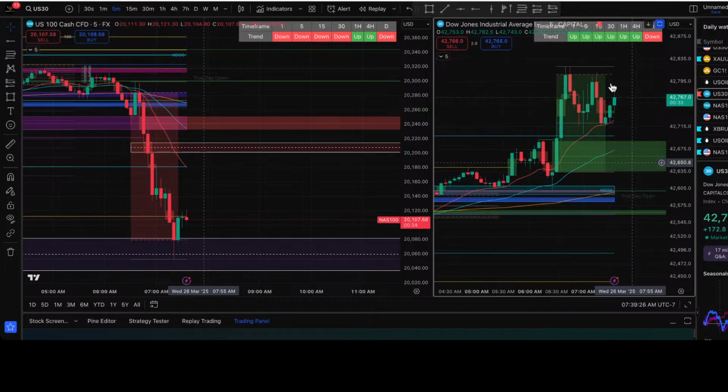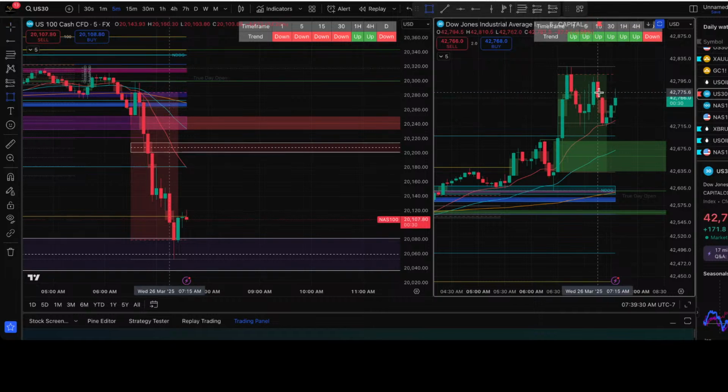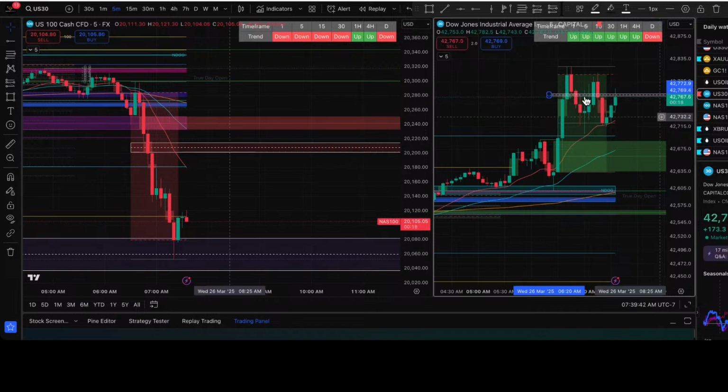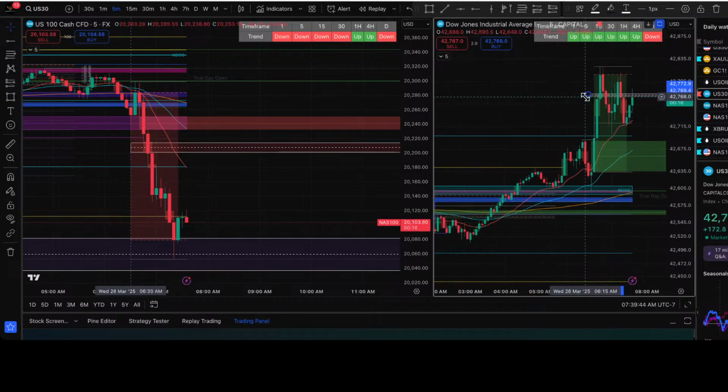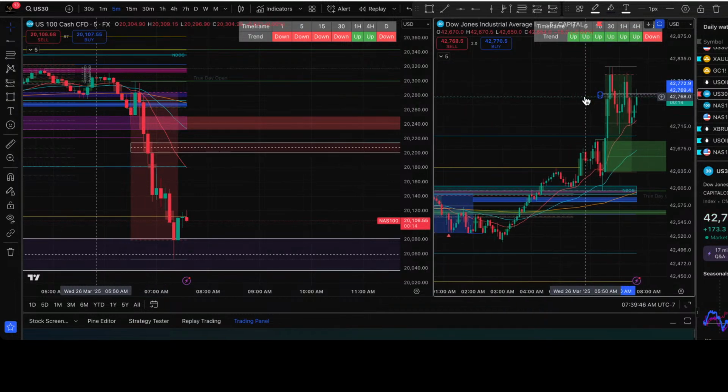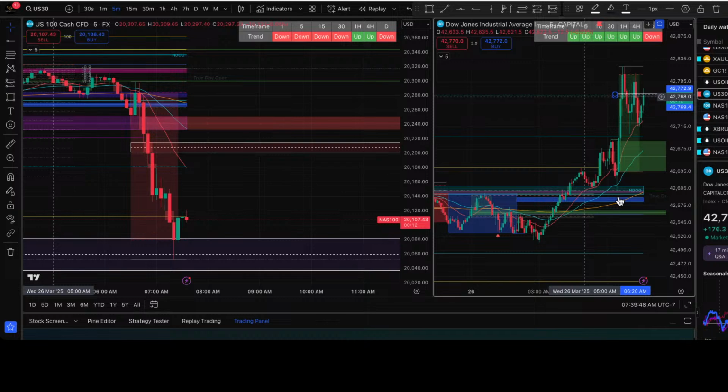But technically, it could continue to just keep dropping from here. But now that the range is formed, we have to wait for confirmation. If the range wasn't formed, a sell would be more interesting.